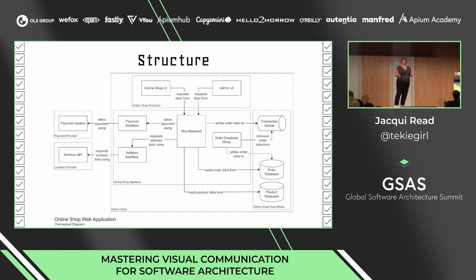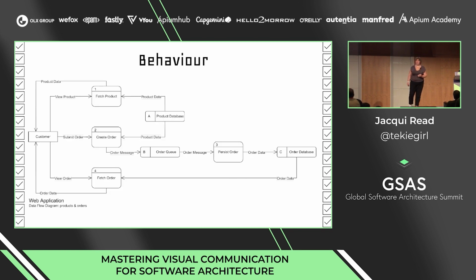So let's split it out. Here I've got a structure, again, just a non-standard notation, but it makes sense. This is now just got one reason for having this diagram. It's a conceptual, structural diagram, and we can see the information that we're trying to communicate here. And then we can split it out into some kind of behavior. Maybe you need a sequence diagram for this.